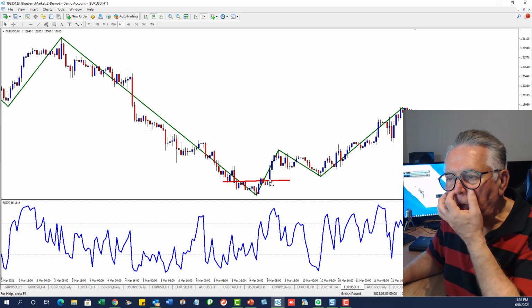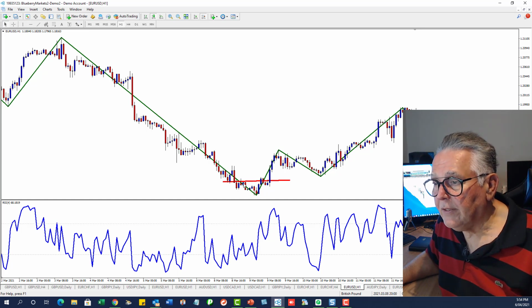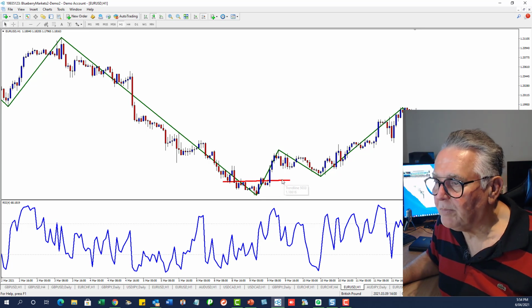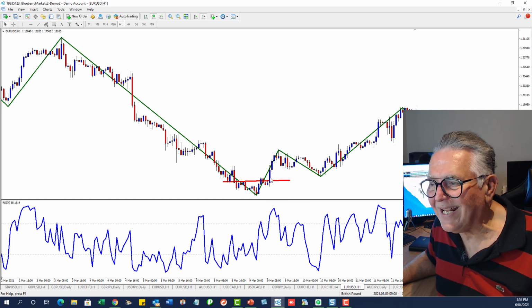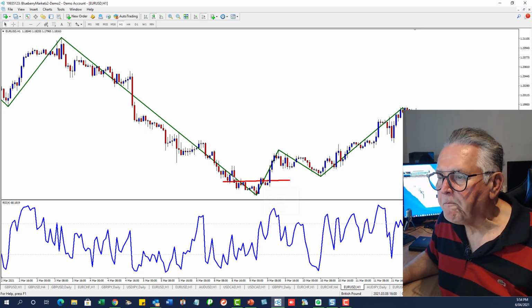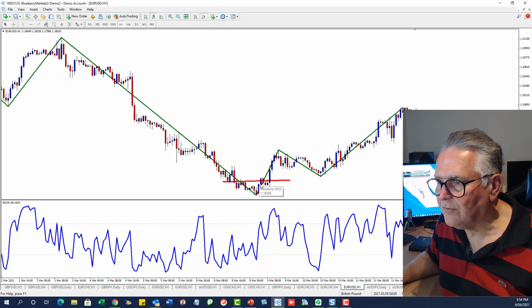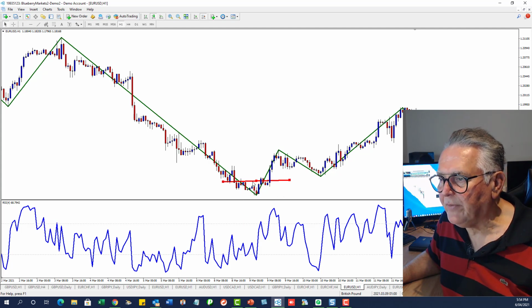Okay, so that's a reverse head and shoulders formation, and that's possibly a reversal formation, and you would enter on the break of the neckline, but you must probably enter on the close of that candle. But that's the closest I can see to a price formation. So that's something to bear in mind.